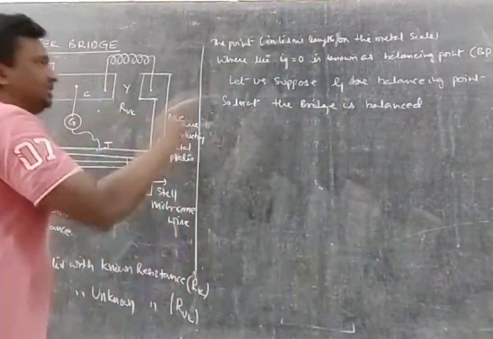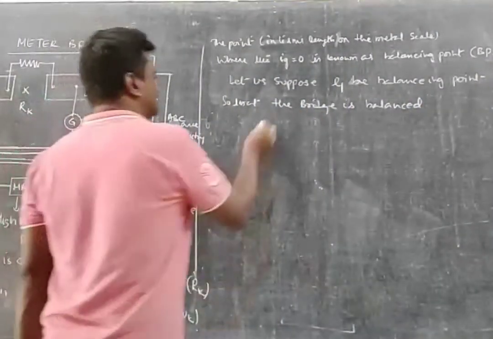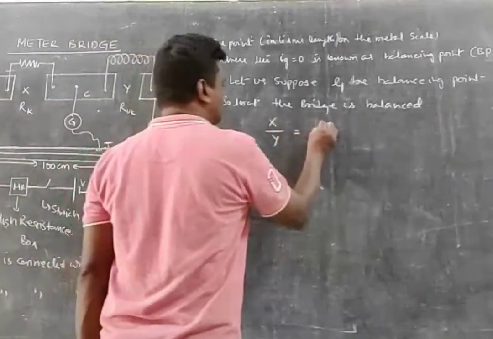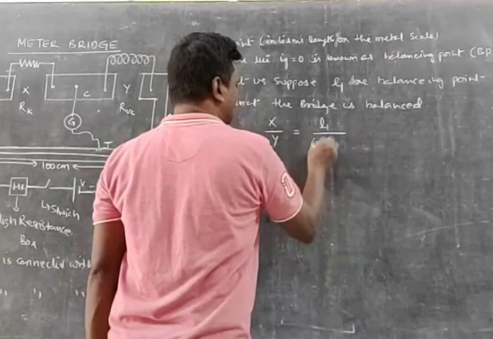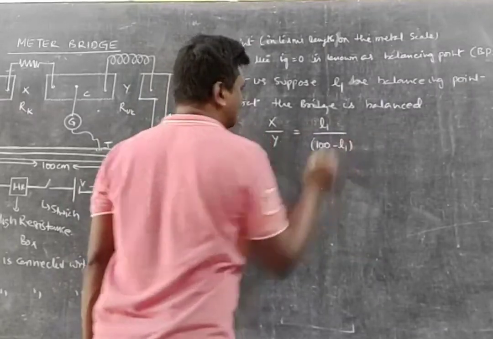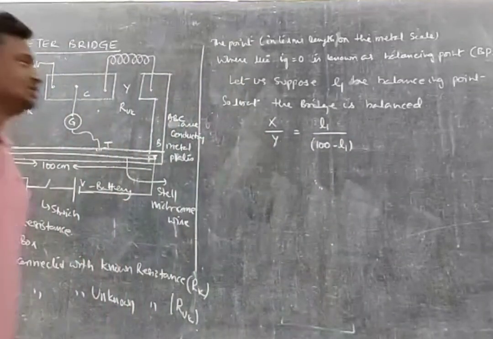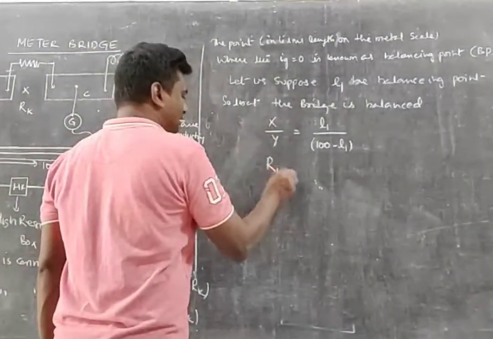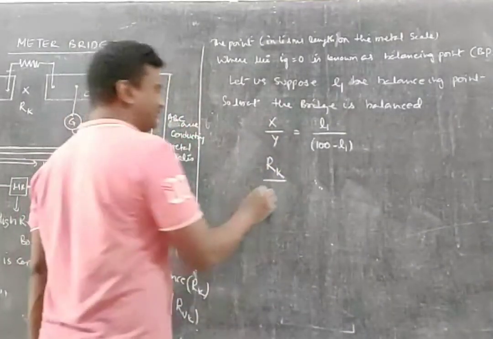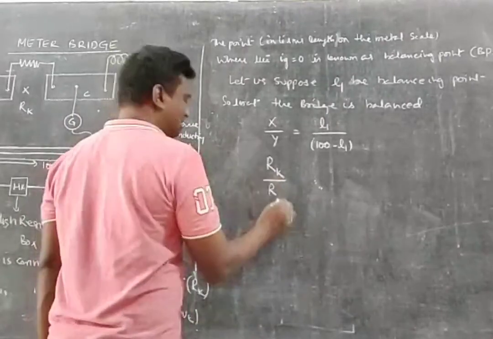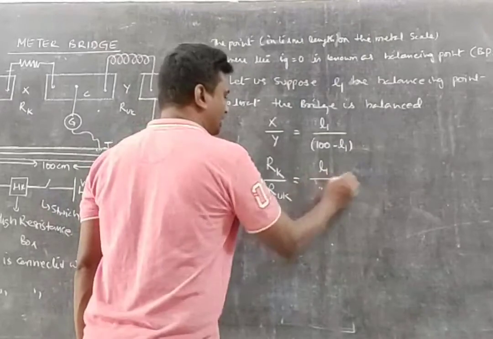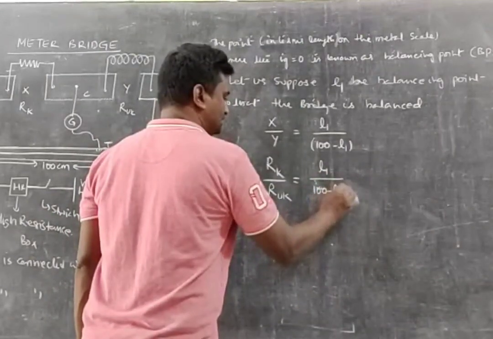When the bridge is balanced, X by Y should be equal to L1 by 100 minus L1. Isn't it? So what is my X? X is the known resistance. What is my Y? The unknown resistance, which is equal to L1 by 100 minus L1.